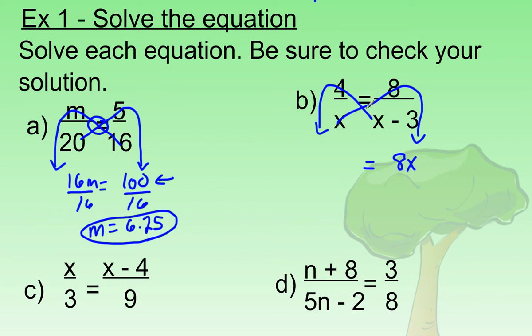Now if you think, I don't know how to multiply that, you do. What this literally says is it's 4 times x minus 3. 4 times all of this stuff. We're going to distribute. We're going to take 4 times the x and 4 times the 3. So 4x minus 12 equals 8x.